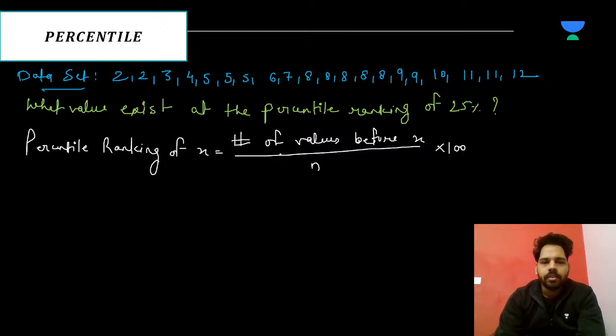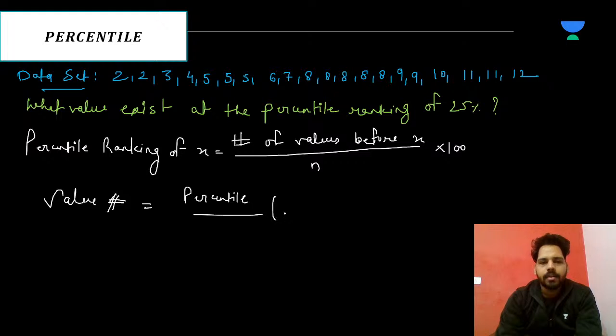If we have to take out the value which is at the percentile ranking of 25%, then the value that they are asking is equal to percentile into (n plus 1) upon 100. This becomes the formula like this.